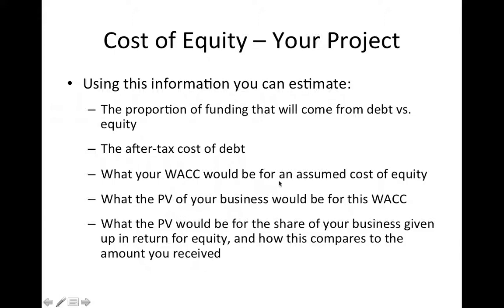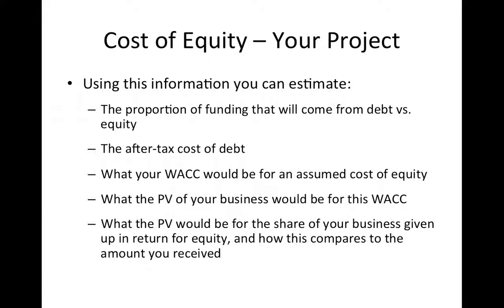That means that if you assumed some cost of equity, you could calculate out what your weighted average cost of capital would be. And again, that's just the percentage of capital coming from debt times the after-tax cost of debt, plus the percentage coming from equity times your assumed cost of equity.